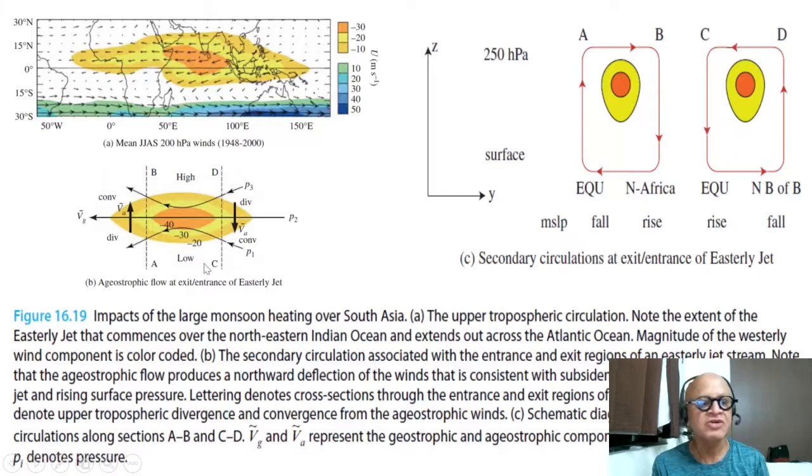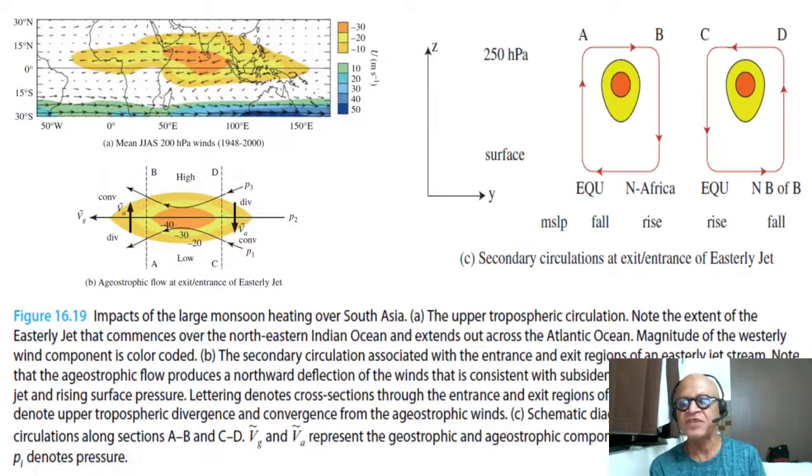On the northward side, you're going to have subsidence and rising surface pressure, which I had shown before with the minimum in the Guinea coast region. Okay, the letterings denote the cross sections through the entrance and exit regions of the jet, and divergence and convergence denote upper tropospheric divergence and convergence from the ageostrophic winds. Geostrophic winds, of course, are non-divergent.